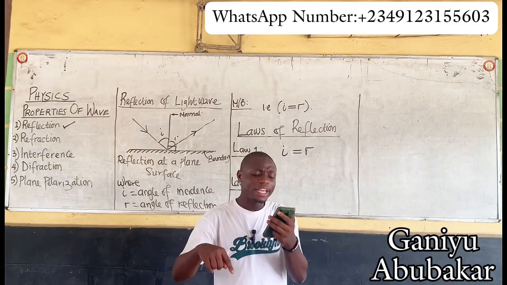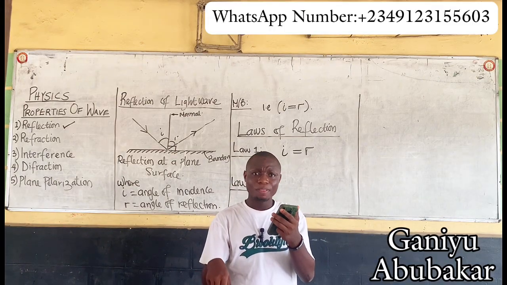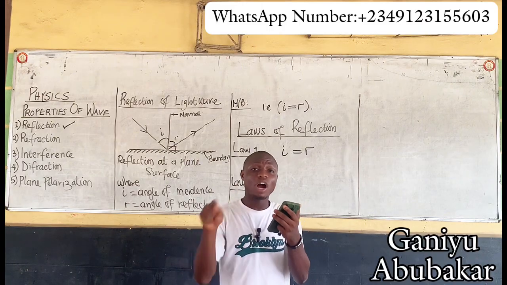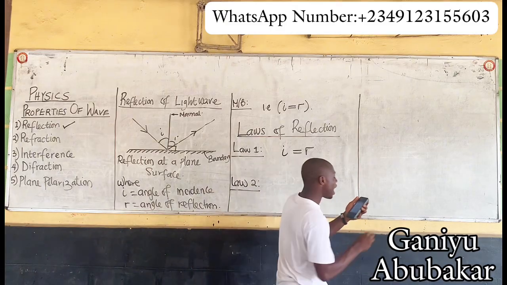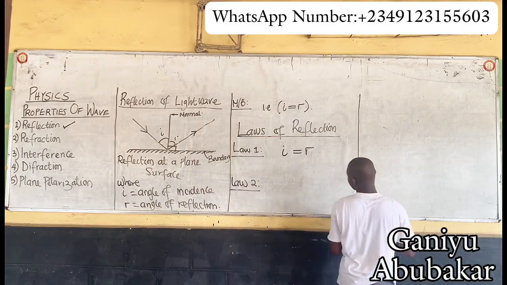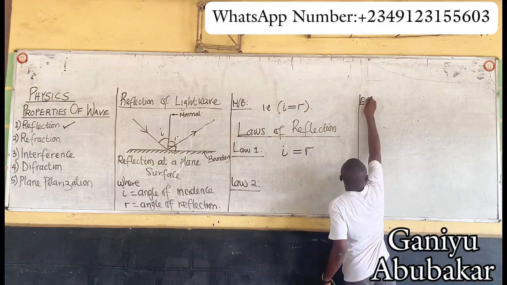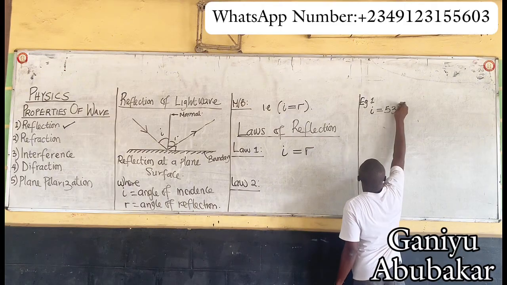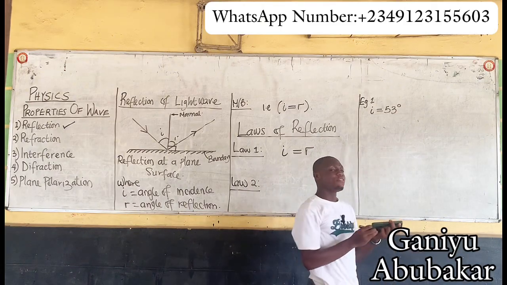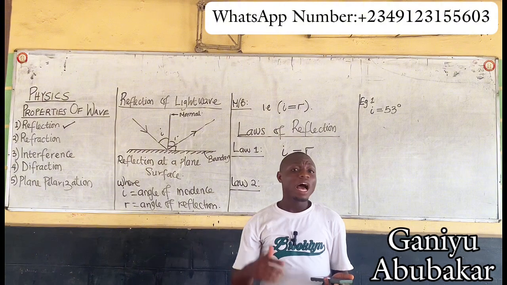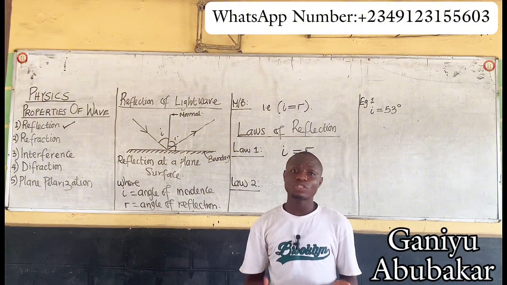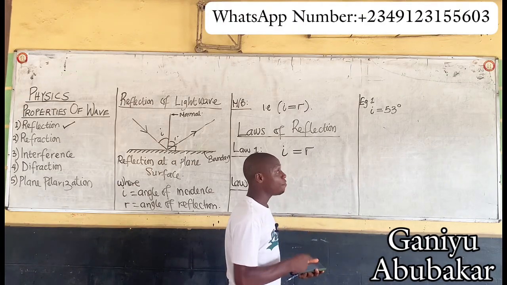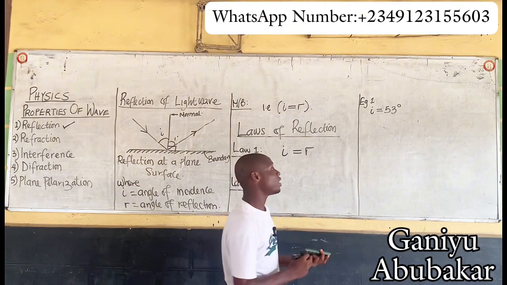Is that 53 degrees I or R? It's the angle of incidence, so I is 53 degrees. Now, if I is 53 degrees, I'm asked to find R. From law one, we said I equals R. It means that if I is 53, definitely R is 53.